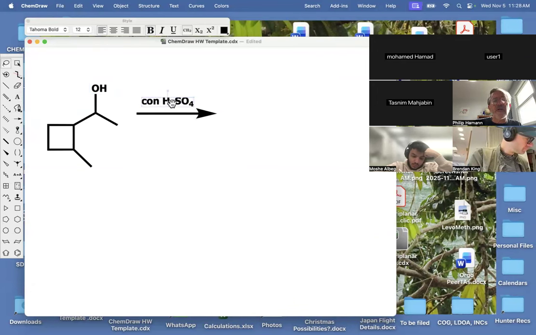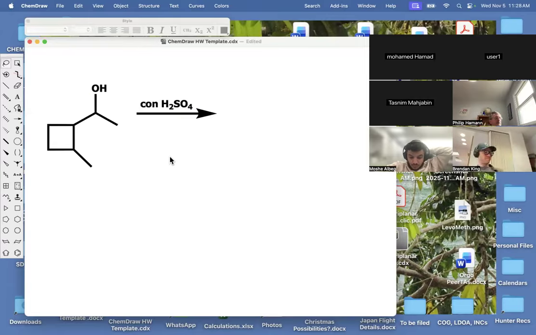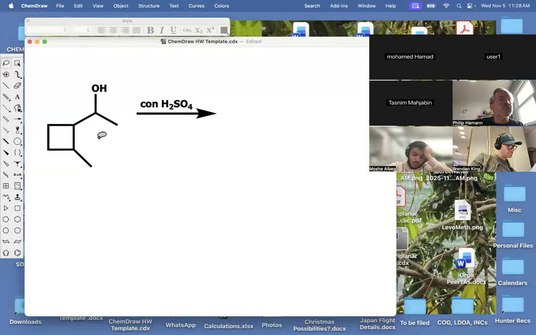I always set the default to subscripts and it always turns it off. I don't know why. Okay, give me the product. Here's a reaction for you. A relatively challenging one in the current context. Hydronium.